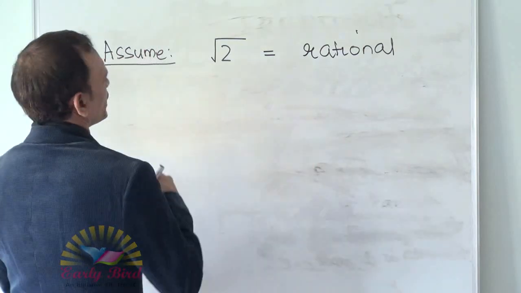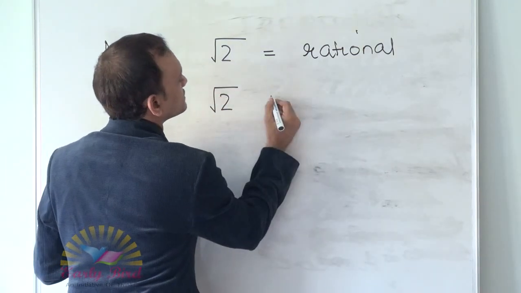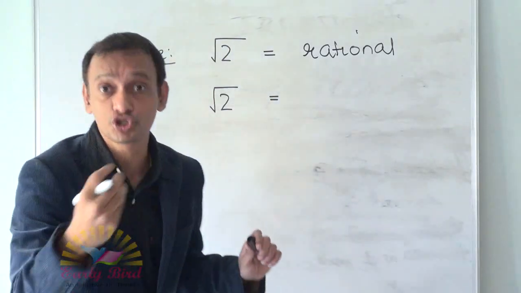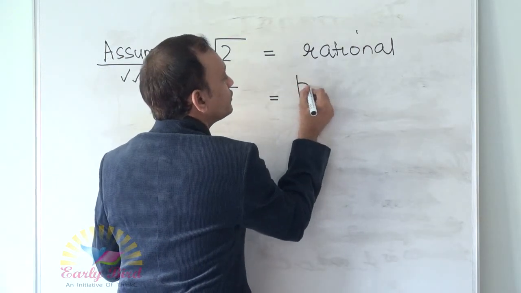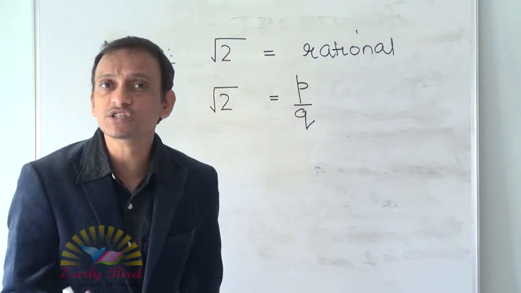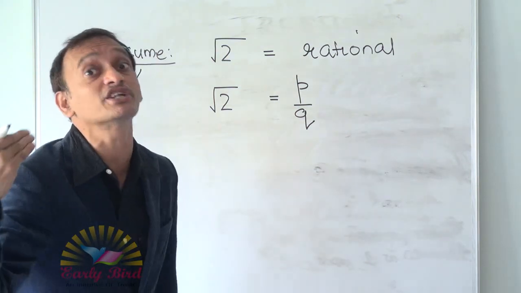Now if root 2 is rational, then I can always express root 2 in the form p by q. It's expressible eventually in its lowest form.